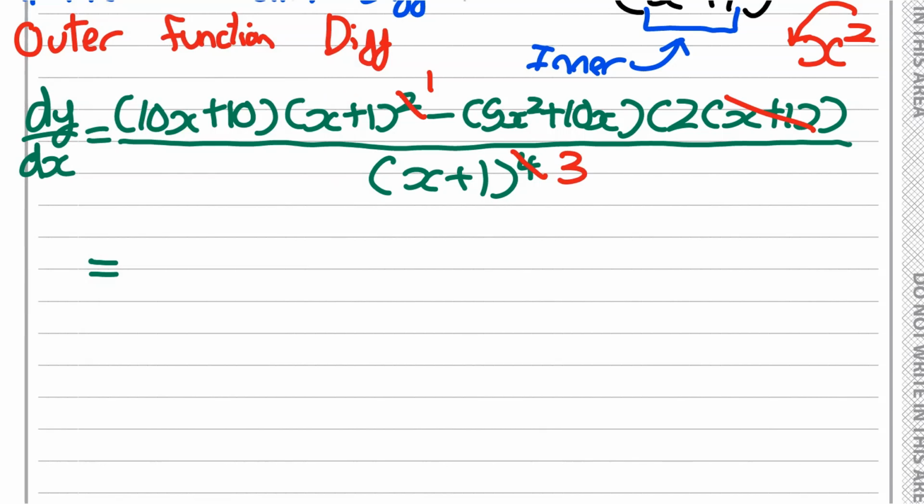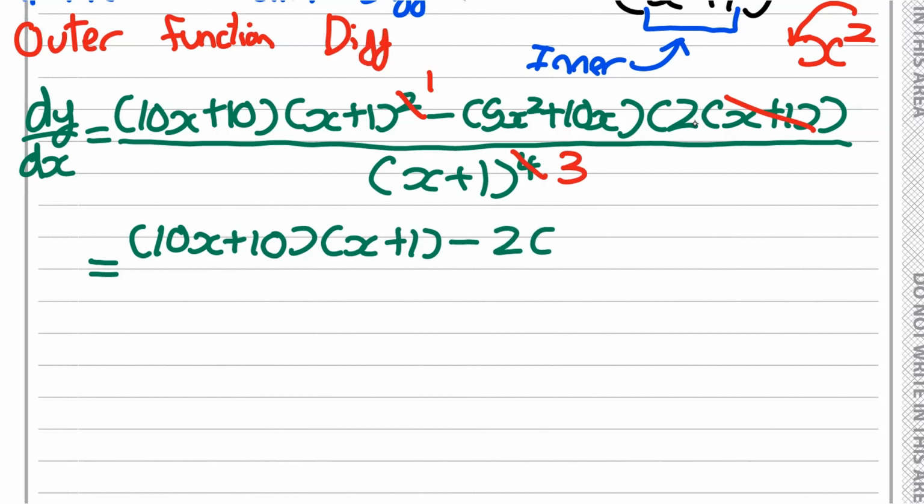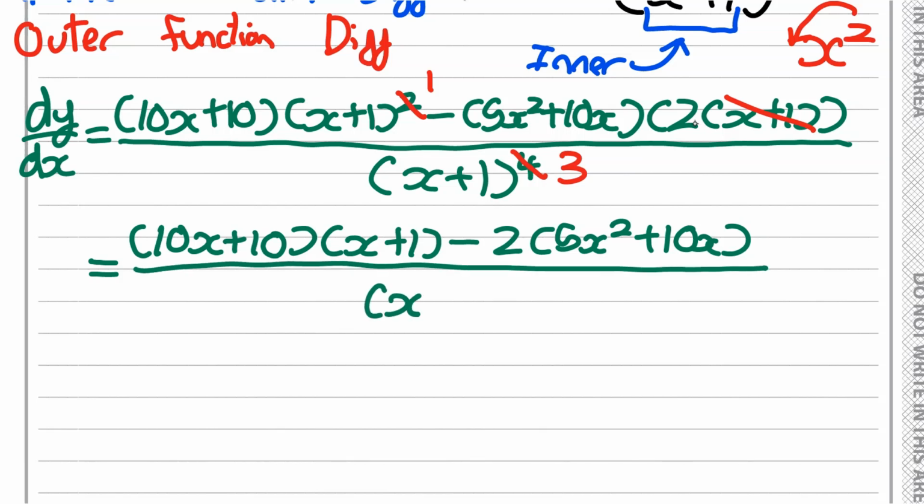So we can rewrite this here as 10x plus 10 multiplied by x plus 1, and then this is going to be minus, and now we've got rid of this x plus 1, we still have this 2 here. If we bring this to the front like this, it's going to be 2, then 5x squared plus 10x like this here, and all of this is now over x plus 1 to the power of 3.